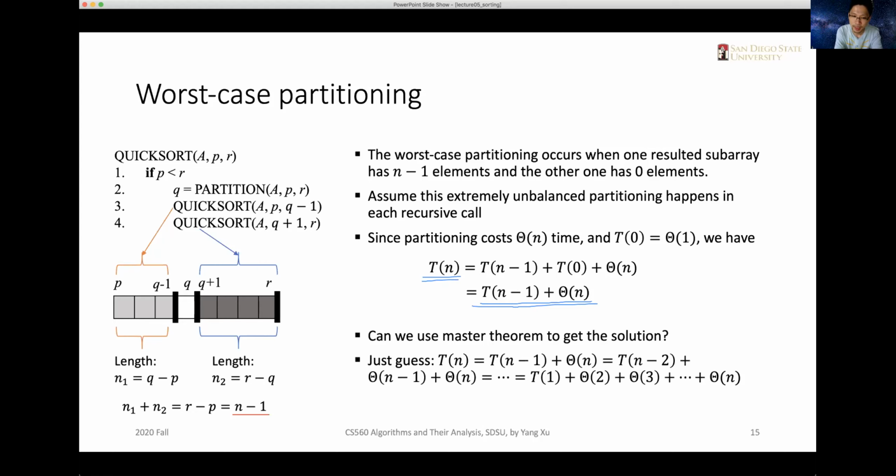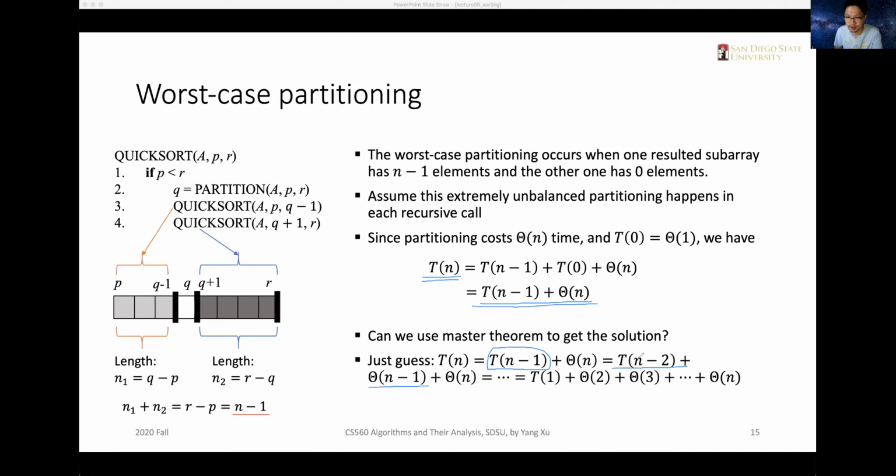And that is also quite straightforward. Basically, it's some substitution-like thinking. So we can further split the T of n minus 1. We do the first substitution: we substitute this T of n minus 1 into T of n minus 2 plus big theta of n minus 1, right?